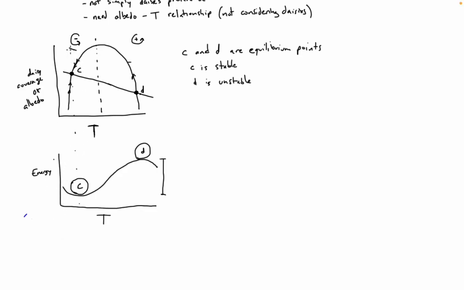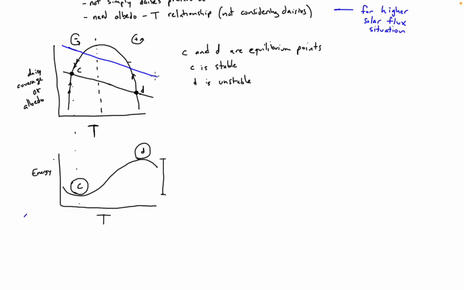Okay, so this line that we drew that represented the albedo temperature relationship, not considering daisies, the blue line is for the higher solar flux situation.